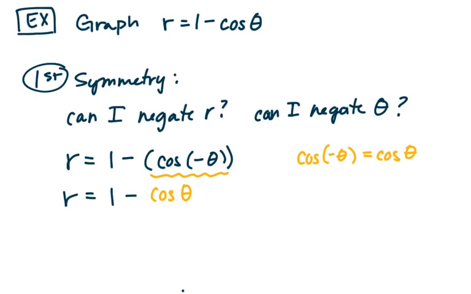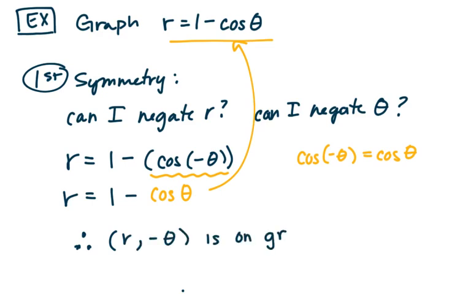So if I negate theta, this simplifies to my original equation. Negating r won't work. So the only situation I have here is that since r, negative theta is on the graph, we know we have symmetry across the x-axis.